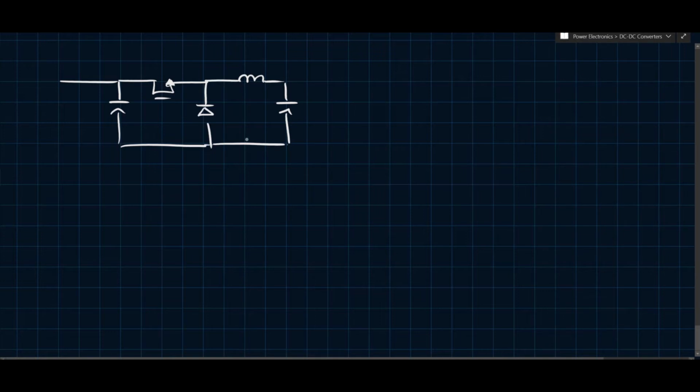Now, let's try to imagine for a second, and this is going to lead into the discussion of pulse width modulated converters, that we have a buck converter, okay? So there'll be an input capacitance, your switch here, diode, and then we're going to put an output filter here, L, and then we'll put a C. This second capacitor is part of an output filter, a second order LC filter.